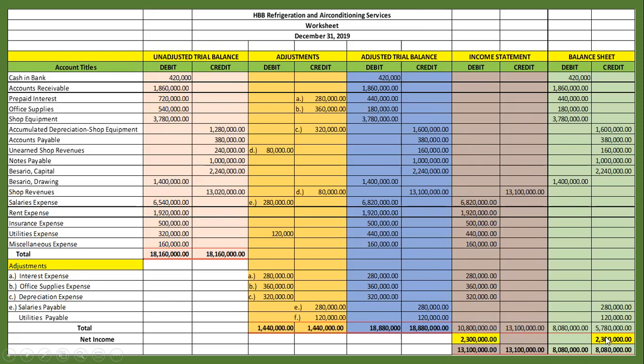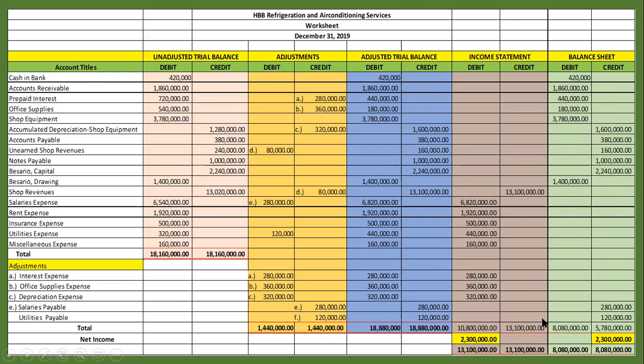While in the balance sheet, you will know that it's an income when the debit side of your balance sheet contains a higher amount than your credit side. So take note that these are assets. This is the asset column, and then this is your liability and capital column.